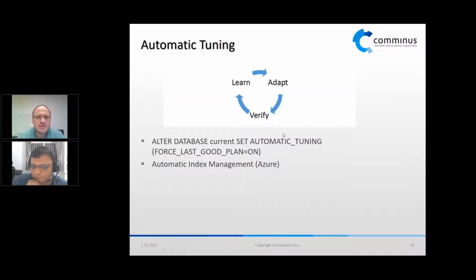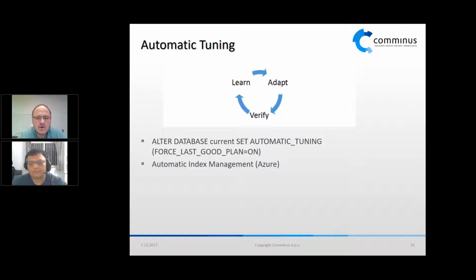Automatic tuning was also mentioned in the first slides of this presentation. On SQL Server 2017 on-premise, you can use ALTER DATABASE, name of the database, SET AUTOMATIC_TUNING (FORCE_LAST_GOOD_PLAN = ON). If you do that, then SQL Server will automatically, if it finds a regressed query, force the last good plan of that query.